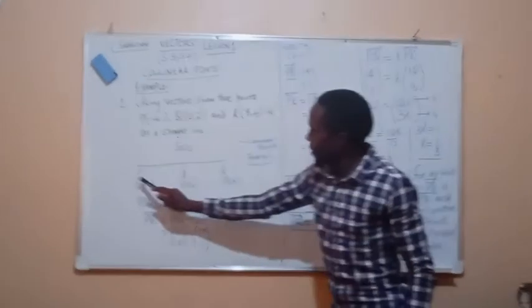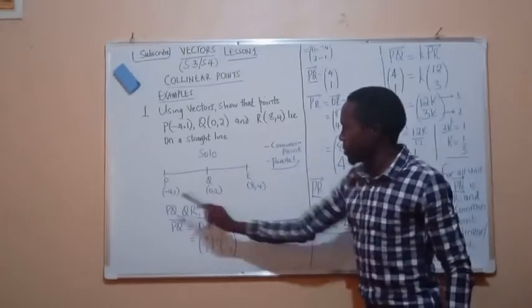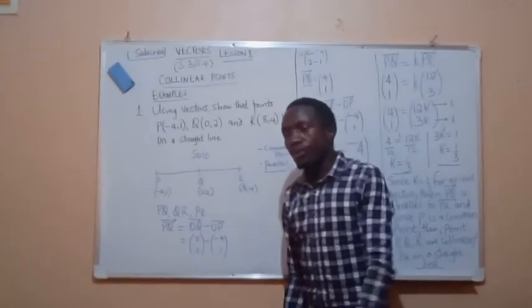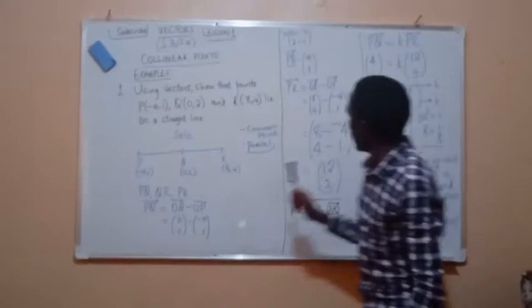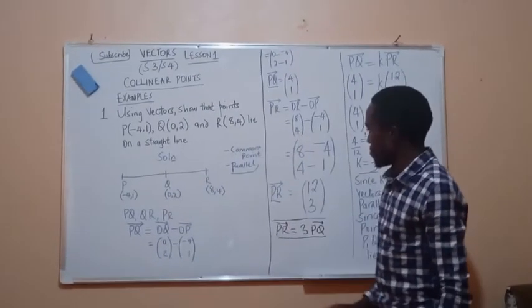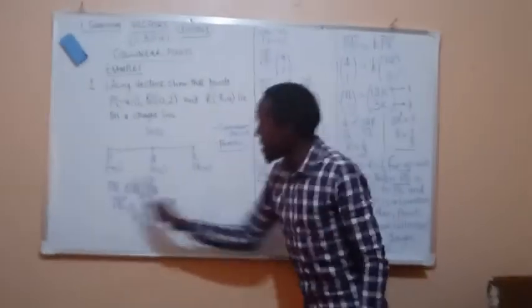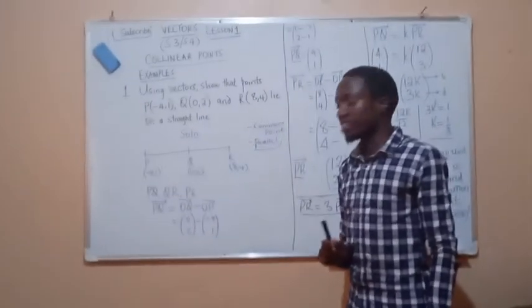Then, if it is PQR, pick two sets of points which can easily be obtained and which have got a common point. That's why I consider PQ and PR. Then, by having a common point P, that is the first qualification for them to be collinear, or to lie on a straight line.